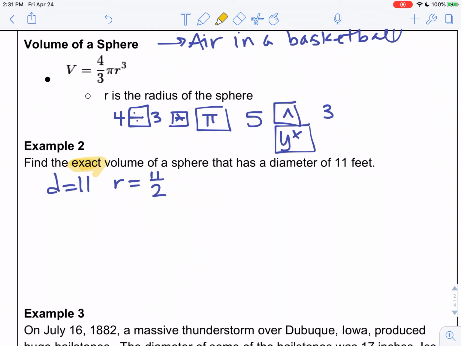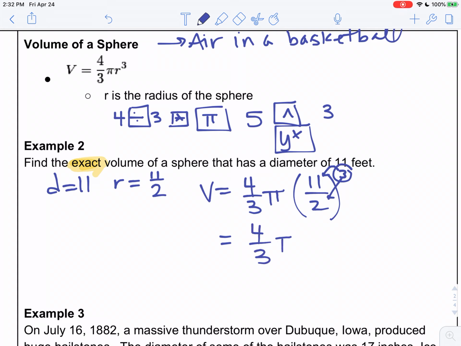So that means I don't want gross decimals along the way. So my volume is 4/3 pi r cubed, so 4/3 pi times (11/2) cubed. When I cube a fraction, that's like cubing the top and cubing the bottom. So 4/3 pi, 11 cubed is 1,331, and 2 cubed is 8.